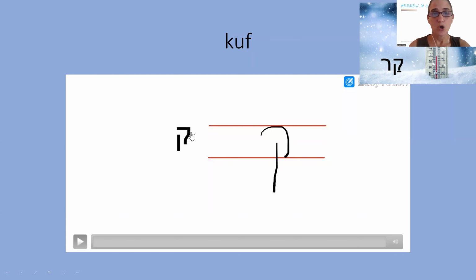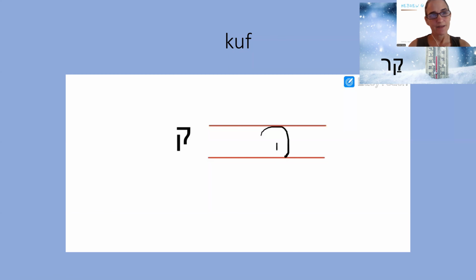And this is our kuf, that sounds like a K. We also have a letter kaf that sounds the same. Once again, it's just a matter of spelling, and you cannot differentiate between them by sound, but you get used to how to spell certain words with a kuf and with a kaf.